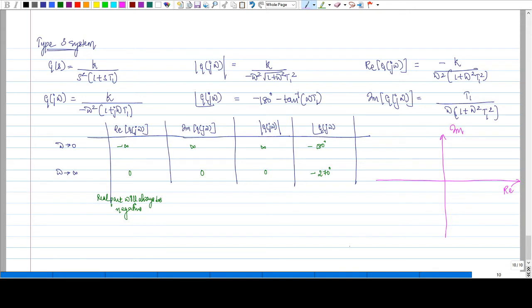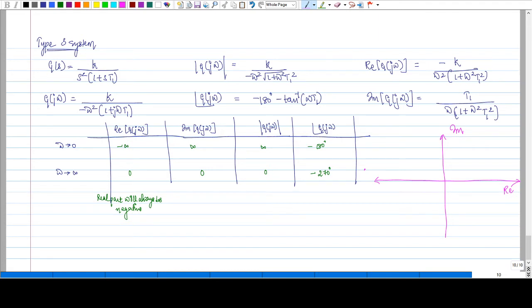Initially both are infinity and the real part is negative. So the real part is minus infinity and the imaginary part is plus infinity. This point will be somewhere here. I am taking it very near to the real axis because this minus infinity is greater than this infinity.